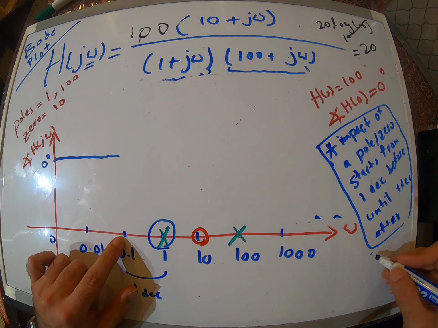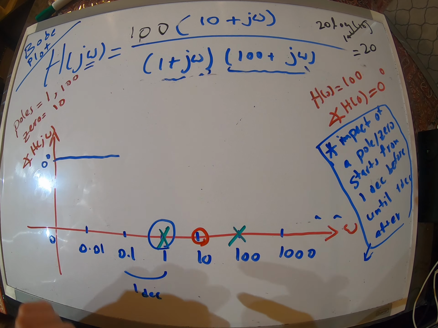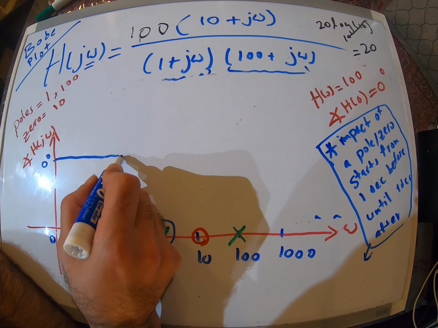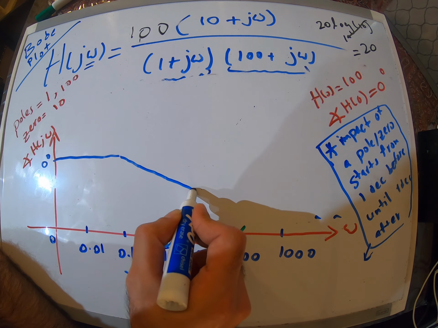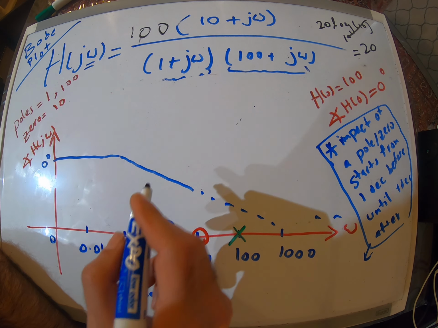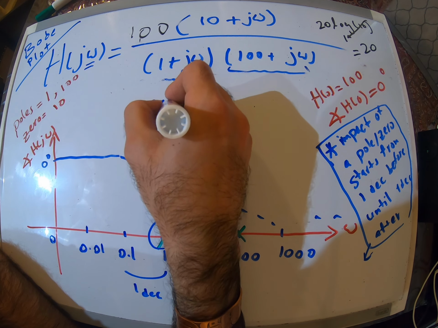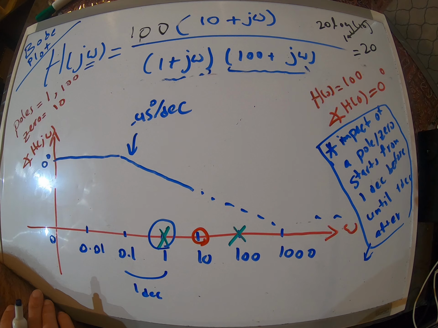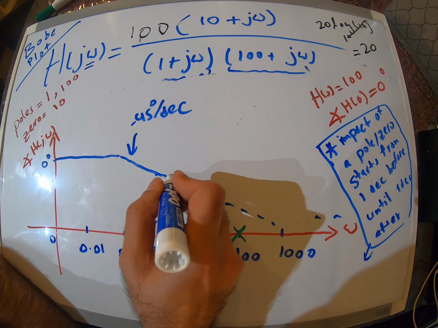And at each decade, when you have a pole, the phase is going to drop at the rate of negative 45 degrees per decade. Okay, negative 45 degrees per decade. Let me actually do this here.